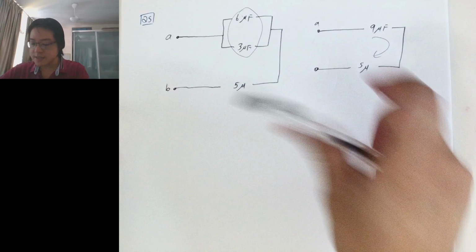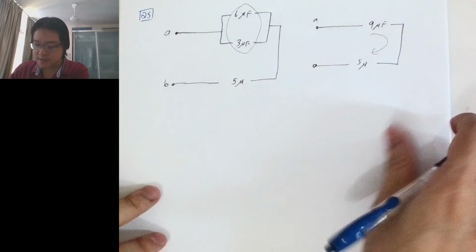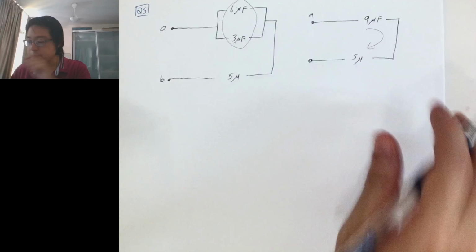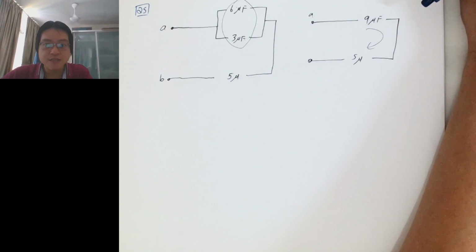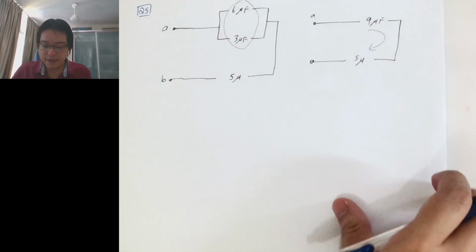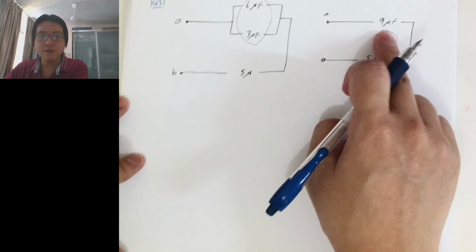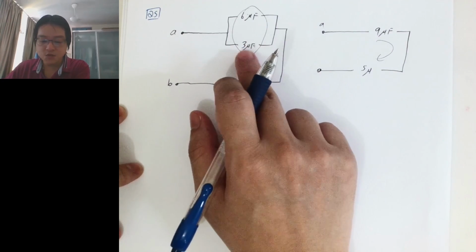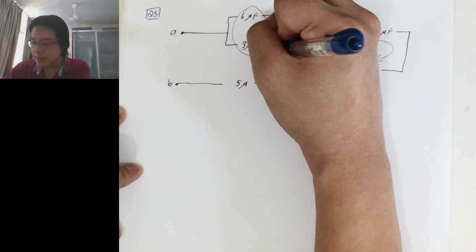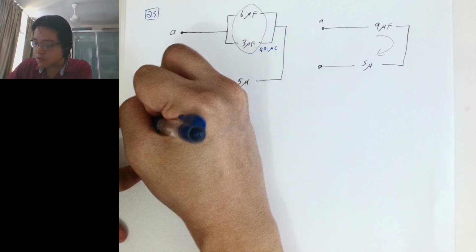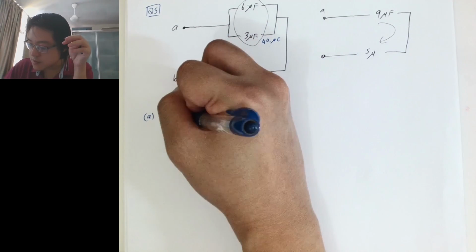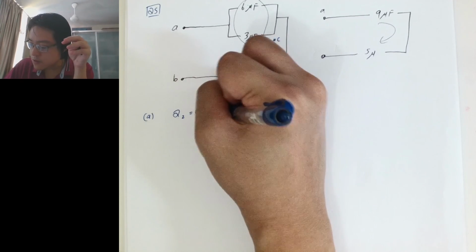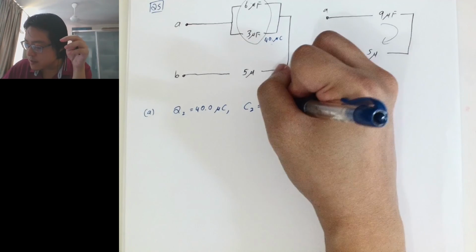So in series, what I have here is... hang on a minute, the question is telling us what? So the question is telling us that the charge on C2 is 40 microcoulomb, right? So let's focus on this first. So this is capacitor C2. I have 40 microcoulomb over here. So on capacitor C2, the charge is 40 microcoulomb, and the capacitance of C2 is 3 microfarad.